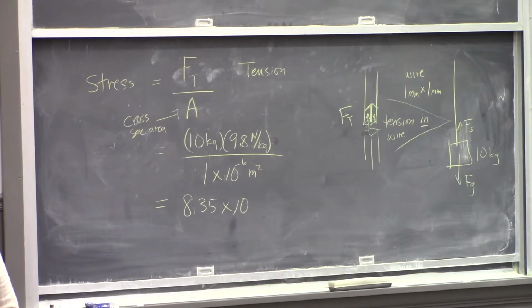Call it stress. So it's 10 kilograms times 9.8 newtons per kilogram divided by 1 times 10 to the minus 6th meters squared.